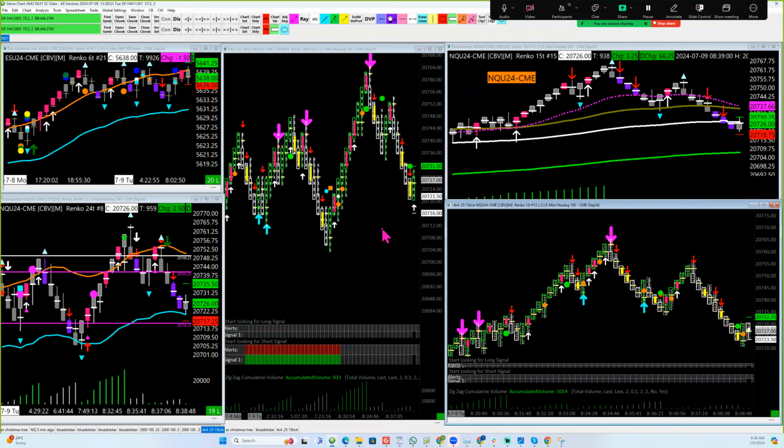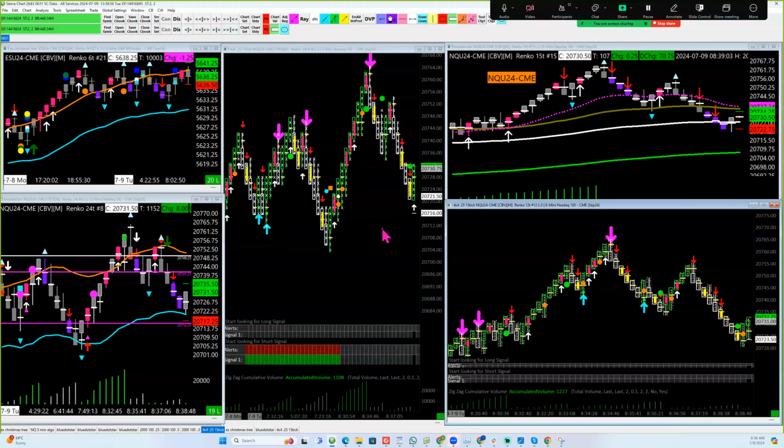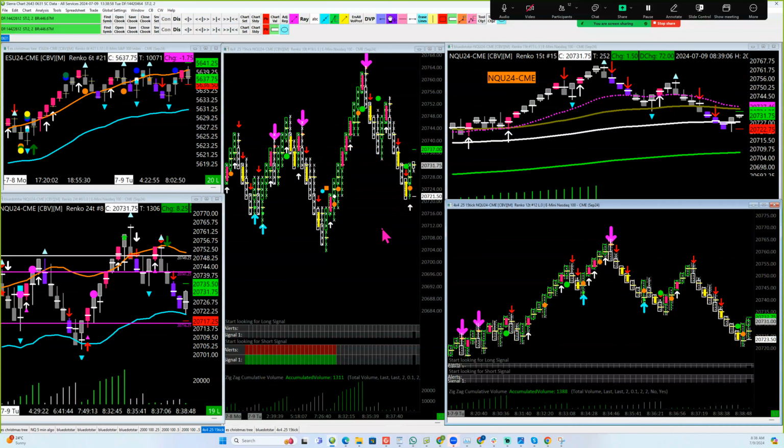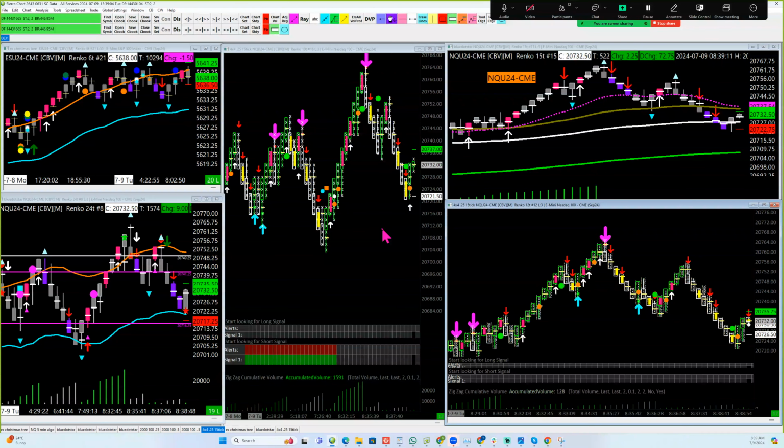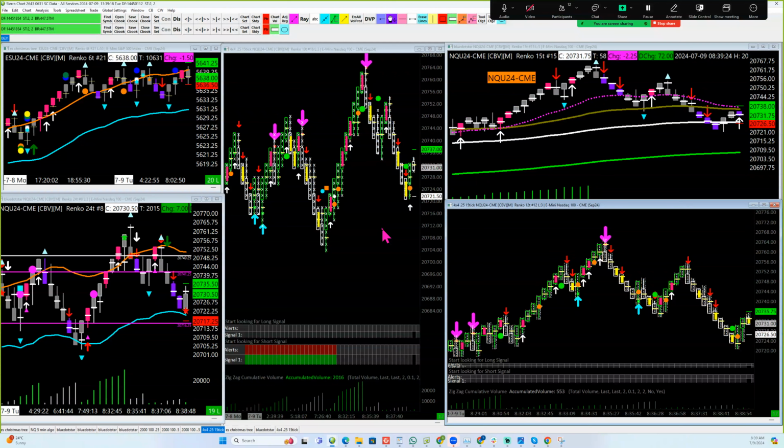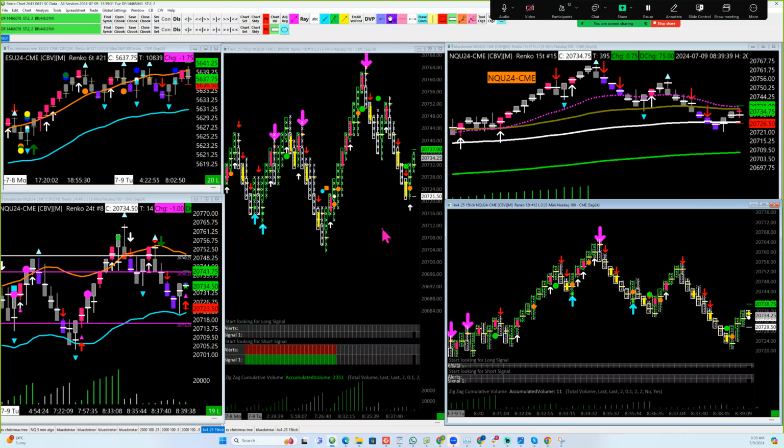See that green dot? That 3275 has to print. Just like that, 37 has to print over here.